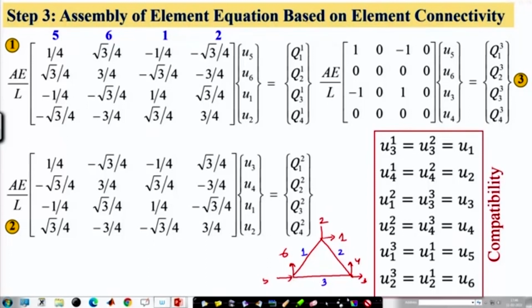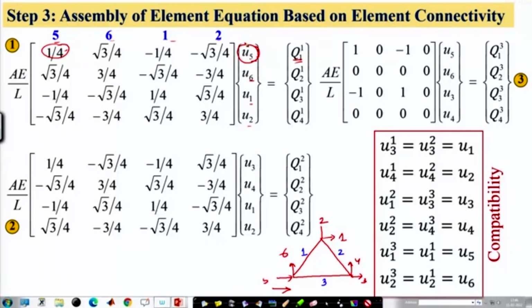Now, this tells that for element number 1, 5 6 1 2 are the degrees of freedom, and then the corresponding columns are these 5 6 1 2. It means that this gives you the forces in this direction, which is Q11, due to the displacement 5.